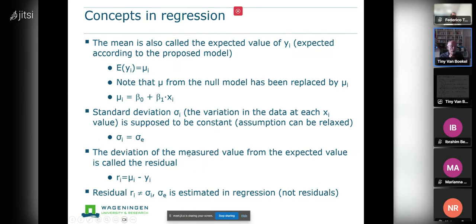And then we have this residual, the difference between the mean and the data point. And I also would like you to realize that this residual is not the same as a standard deviation, because the residual is actually the difference between the measurement and the mean, but the standard deviation is a characterization, so an estimate, of all those residuals.